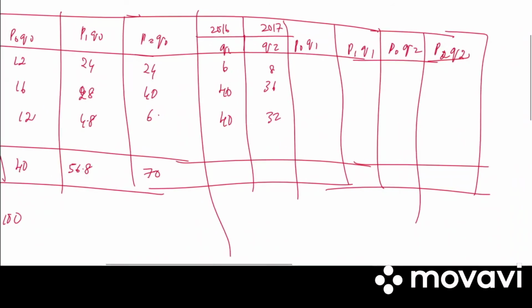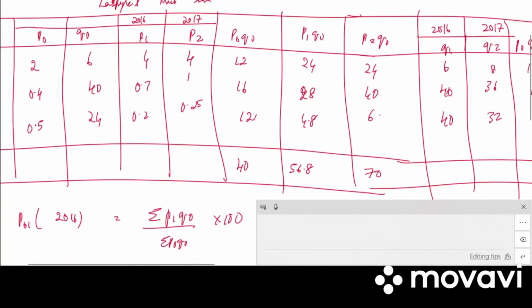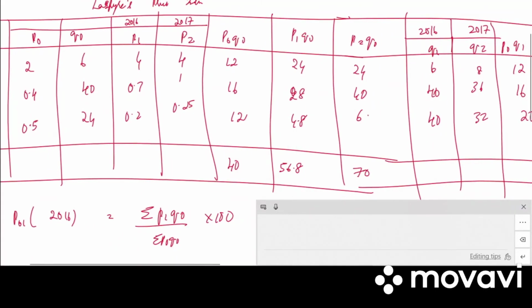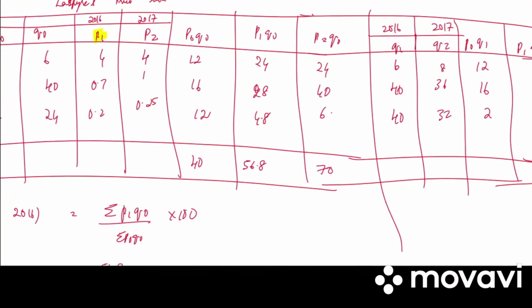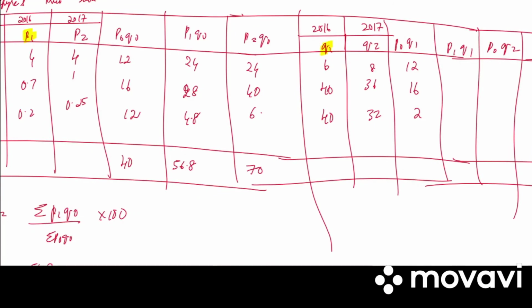So P0 Q1: 12, 16, 20, that is 2 6s are 12, 0.4 into 40, 0.5 into 40. Then we have P1 into Q1: 6 4s are 24, 0.7 into 40, 28, and last we have 8.